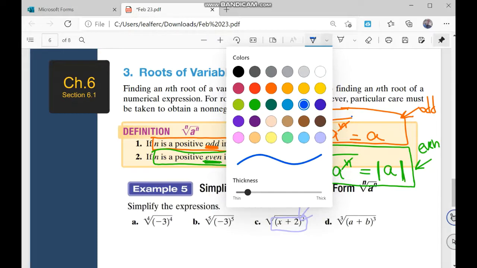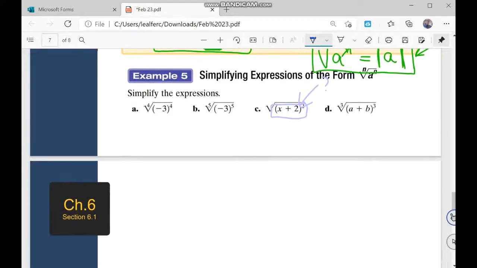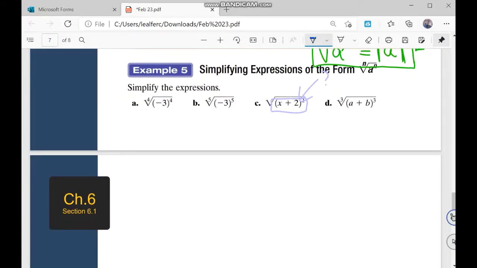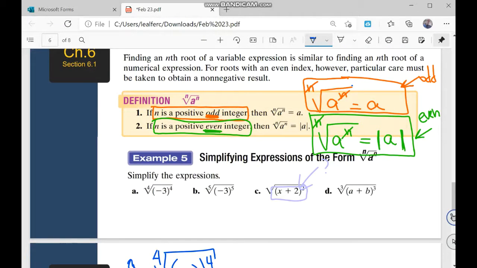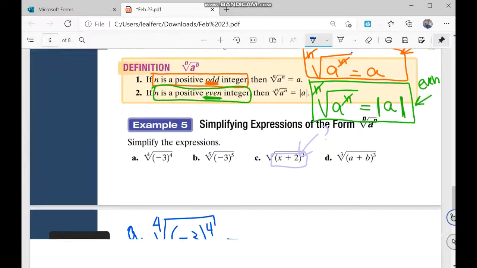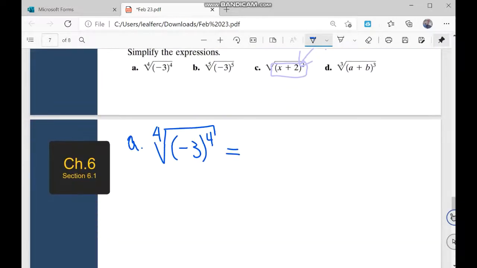And let's check a few examples. Let's say letter A. Fourth root of negative 3 to the exponent 4. Question. Is 4 even or odd? 4 is even, right? 4 is even.